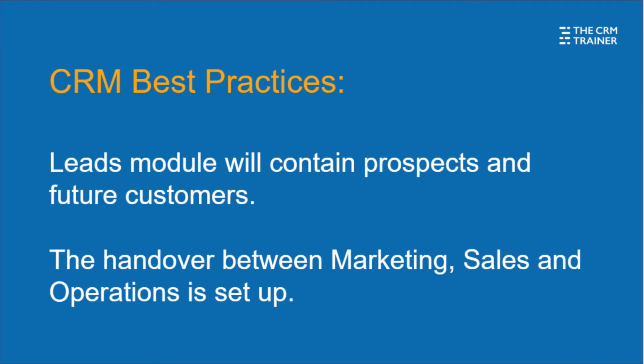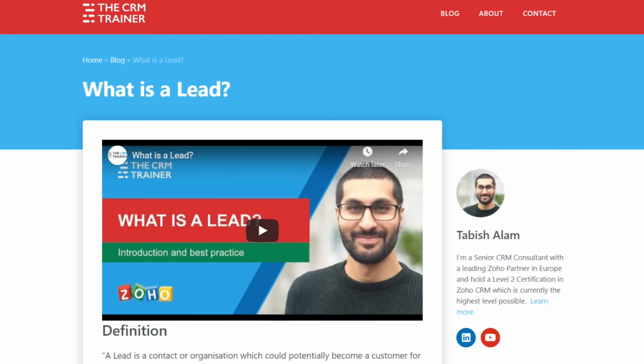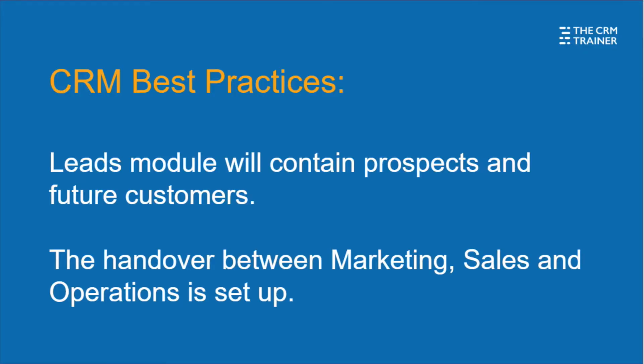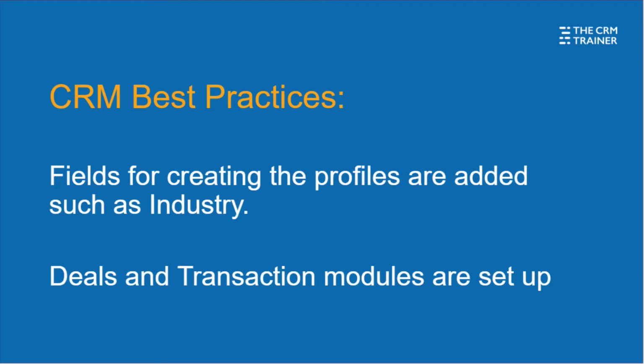Let's quickly look at the basics in a best practice CRM that is ready for your marketing. The leads module will contain prospects and future customers. See my video on what is a lead for some more details. The handover between marketing, sales and operations is correctly set up. Fields that allow you to create the profiles are added, such as industry, SIC codes, regions, cities, however else you want to be dividing up your data.